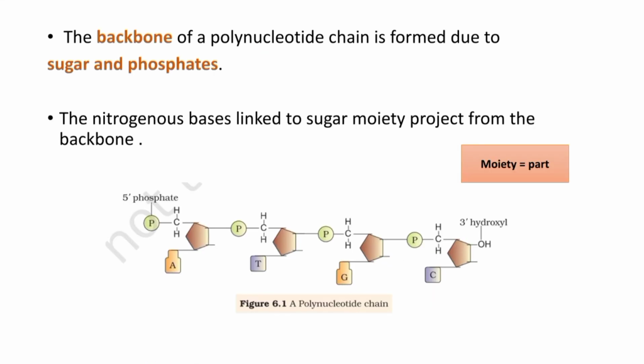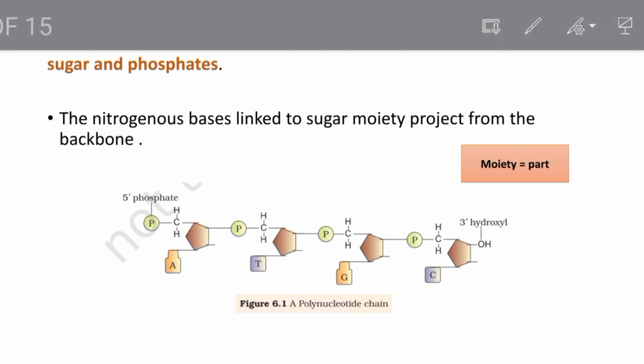The backbone of a polynucleotide chain is formed due to sugar and phosphate. Okay, so here you can see this brown color are sugars and phosphate. So these sugar and phosphates, they form the backbone of this polynucleotide chain.